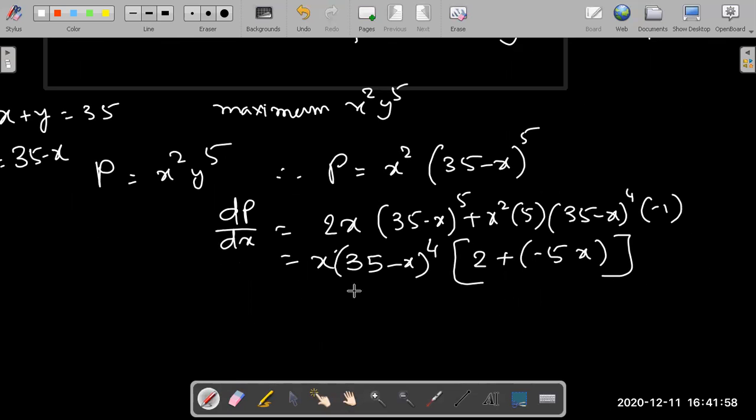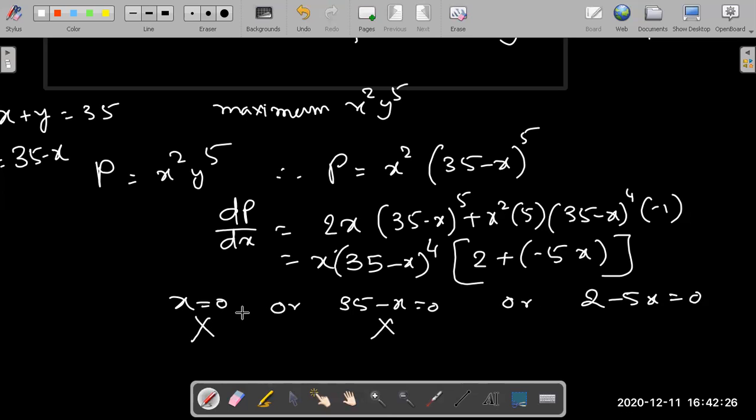So now we have three possibilities, either x equal to 0 or 35 minus x equal to 0 or 2 minus 5x equal to 0. So in all these cases, here also you said x and y must be positive numbers. X and y must be positive numbers, the sum is 35. So this can't be the case, this can't be the case because they are not positive, one of them will be negative.